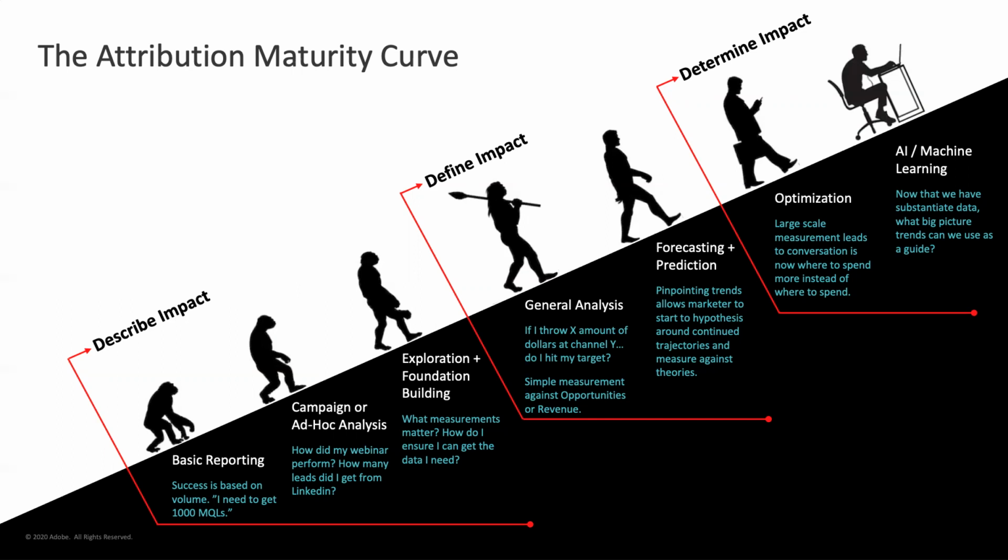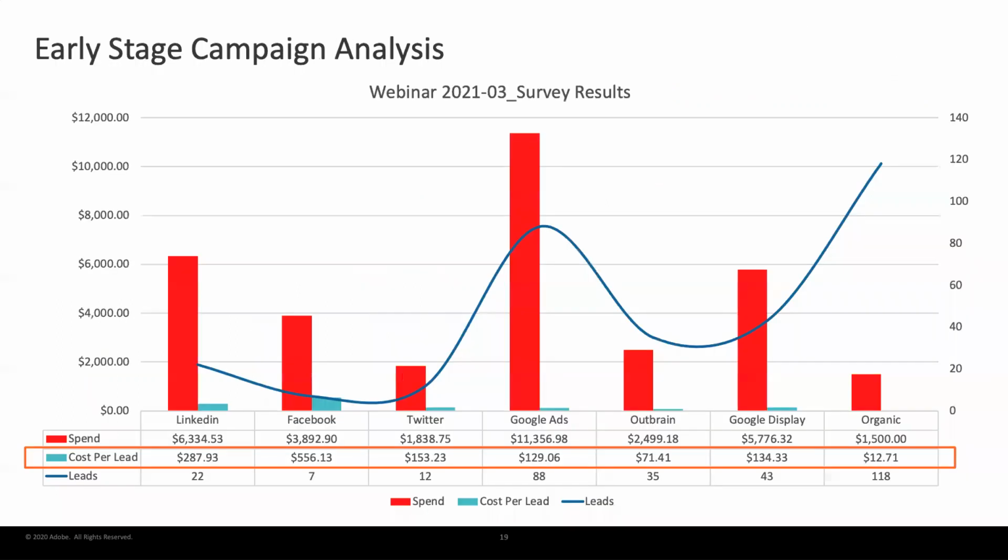So the evolution of ROI really starts, I think, in organizations with early campaign analysis. And a lot of organizations start out by looking at cost per lead, or CPL. The idea here is we want to know how many leads we drove from each of these sub-channels, and we want to know what the cost was around driving these.